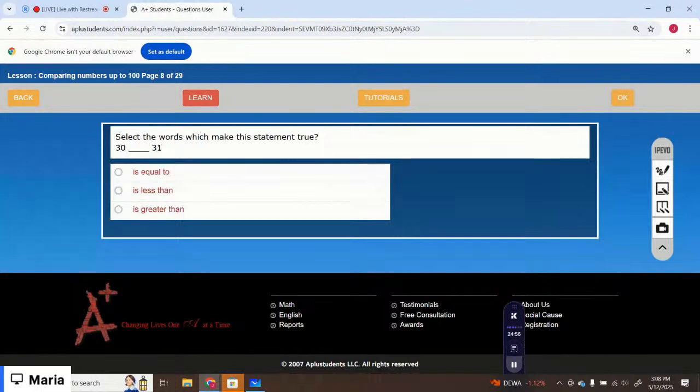Select the words which make the statement true. 30 and 31.